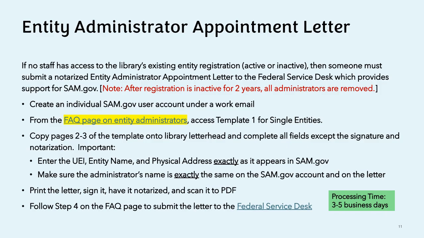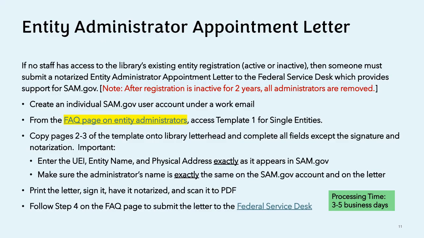Now, a lot of libraries are in a situation where there isn't a staff member remaining who still has a login for the system. They're not affiliated with the entity. So in order to get access, you have to submit an entity administrator appointment letter.